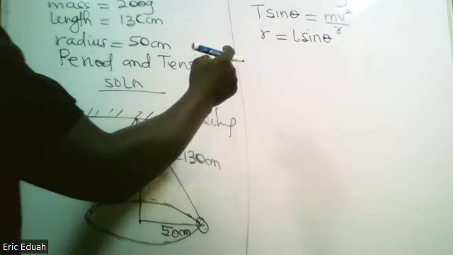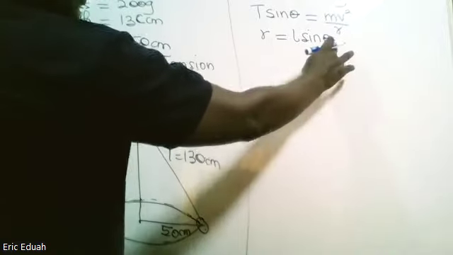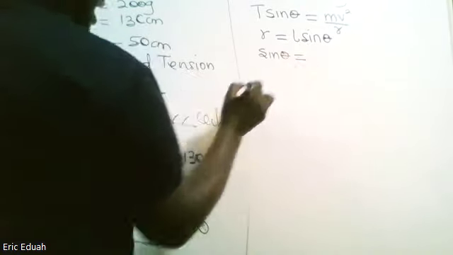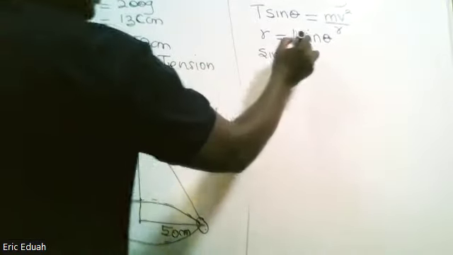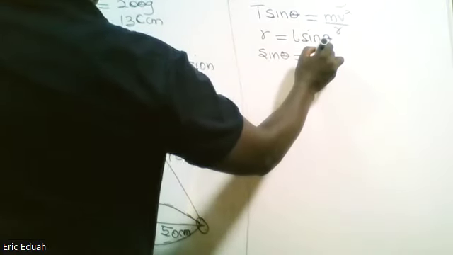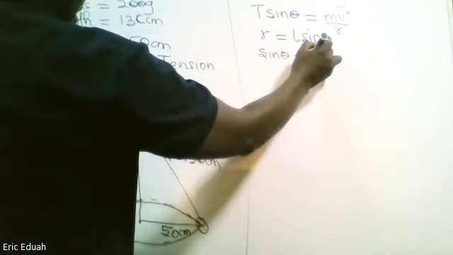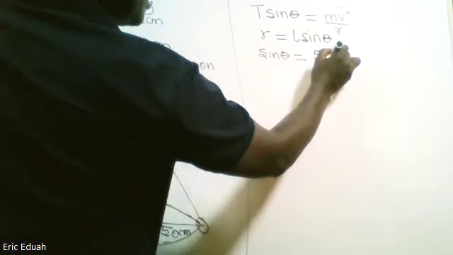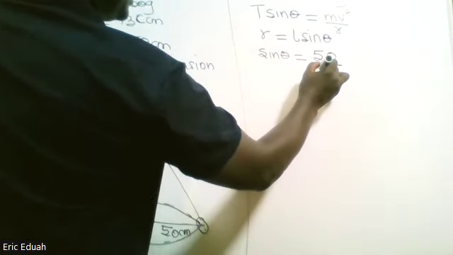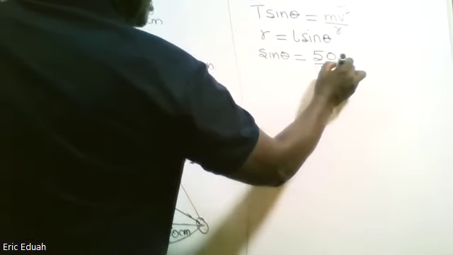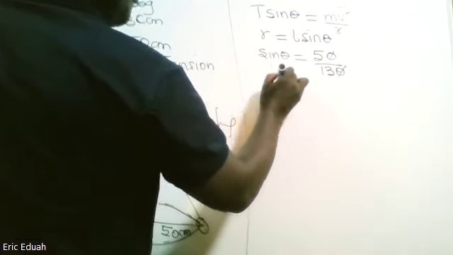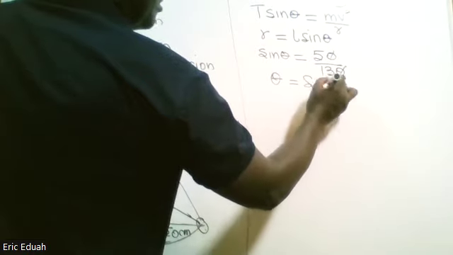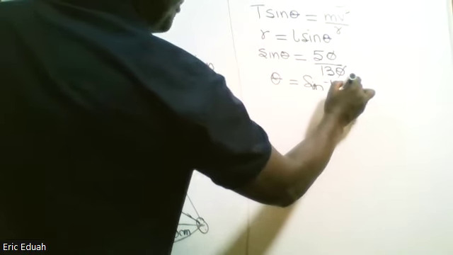So using R is equal to L sine theta, sine theta is equal to R over L. The radius is 50 divided by the length, which is 130. Therefore, theta is equal to the sine inverse of 5 on 13.